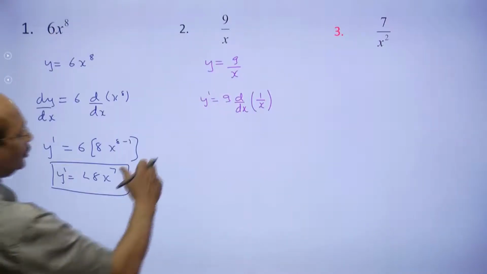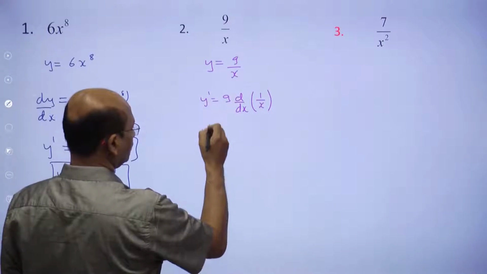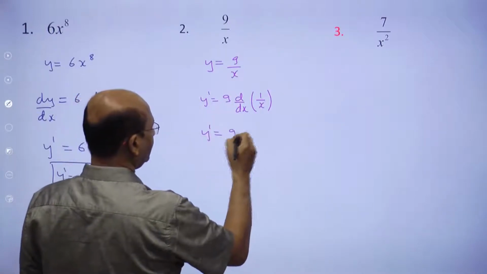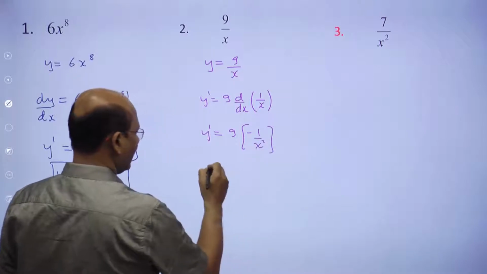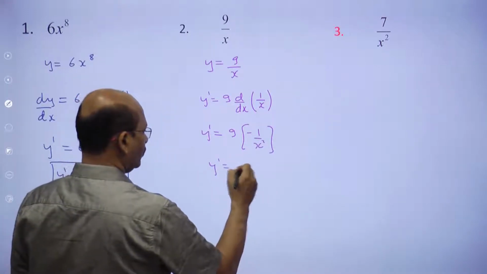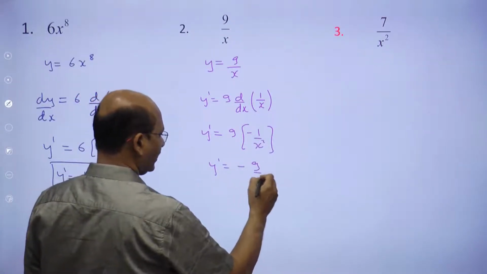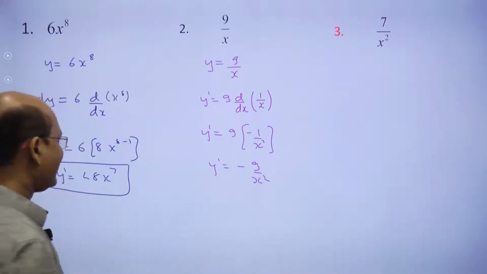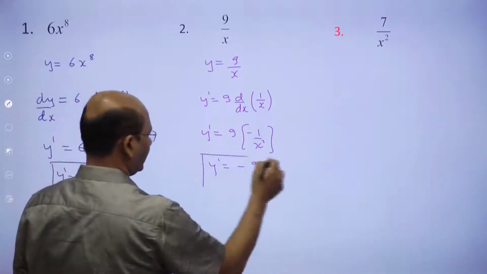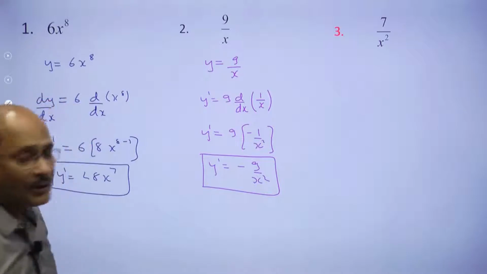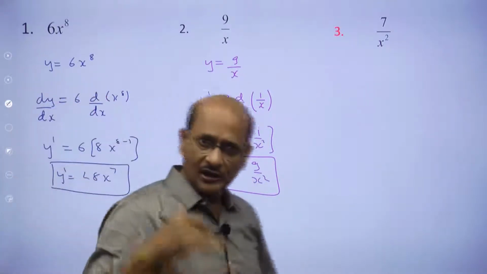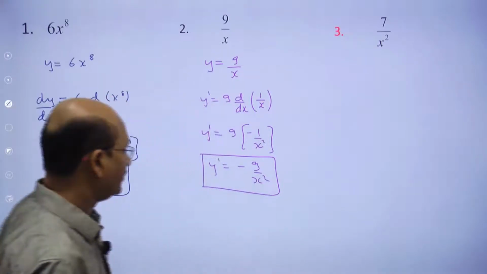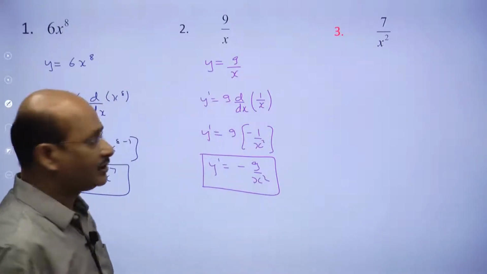So y dash is equal to minus 9 upon x square. You can leave it as it is, there is no need to do anything more. Taking x square up with a positive power is the standard way of noting the indices.